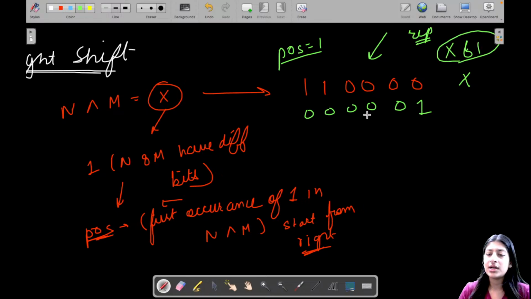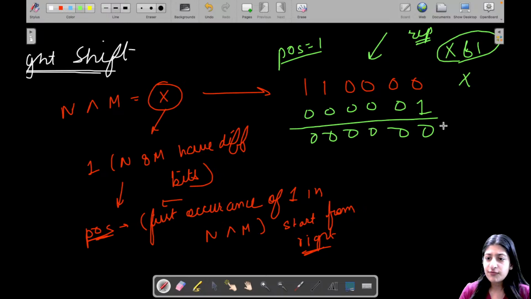So x AND 1, how it looks like: finally you will get 1 only at that position where you have 1 in both the numbers, otherwise it will be 0 0 0 0 0 0. If x is 0, this means what?